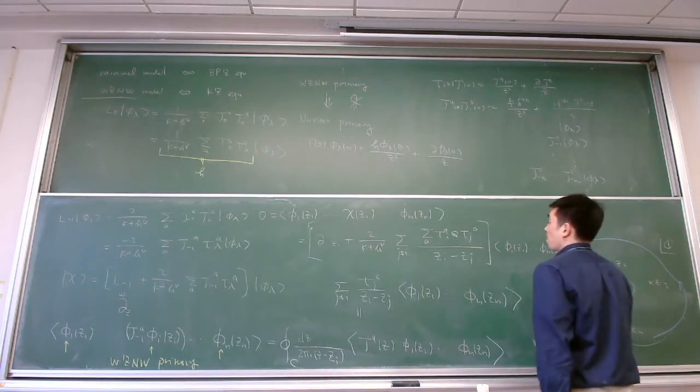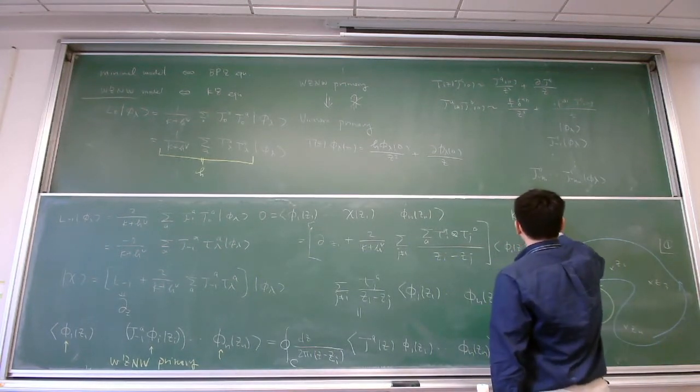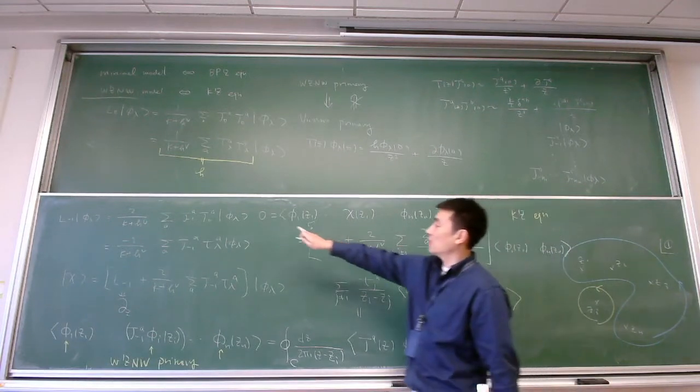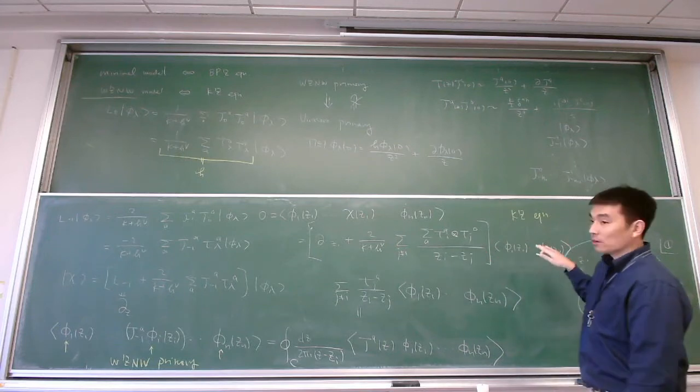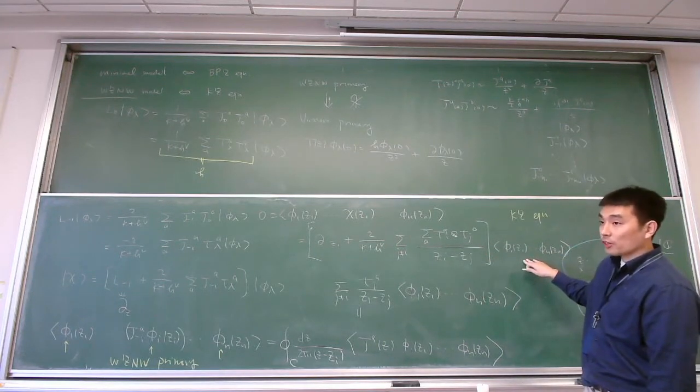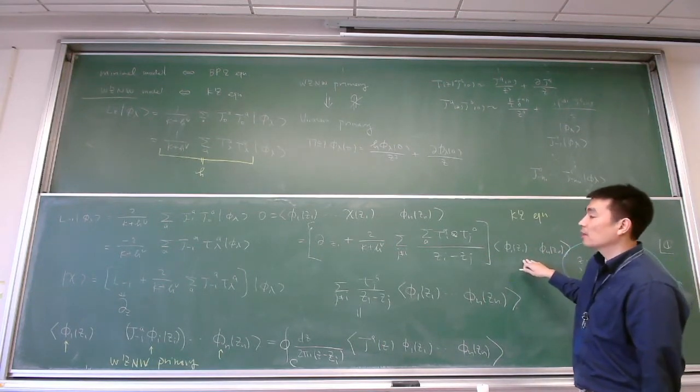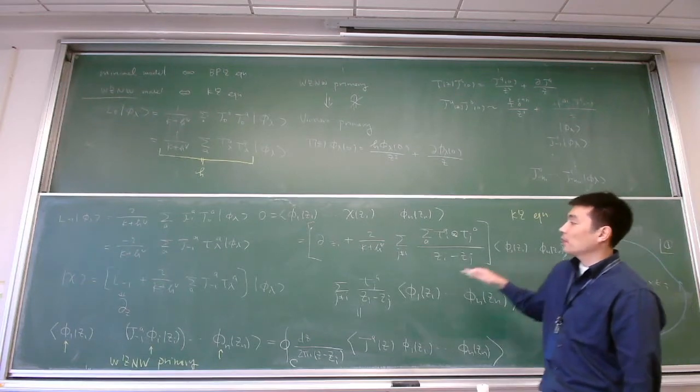This is the KZ equation. So this differential operator acts on the Wess-Zumino-Witten correlation function of primaries, and the result is equal to 0.